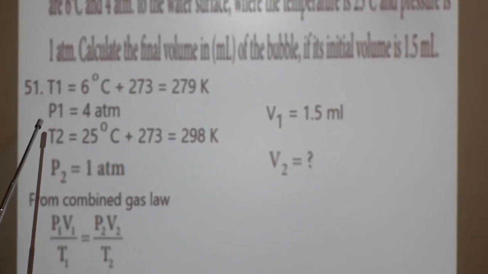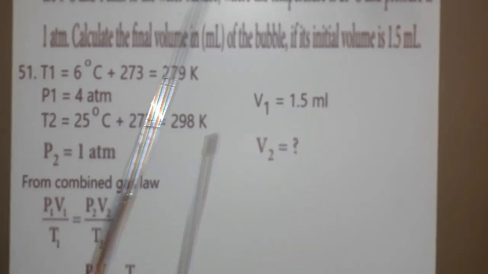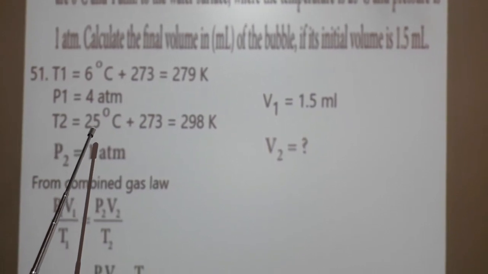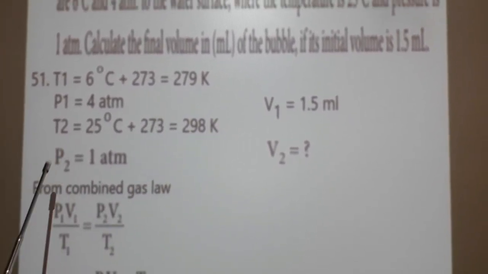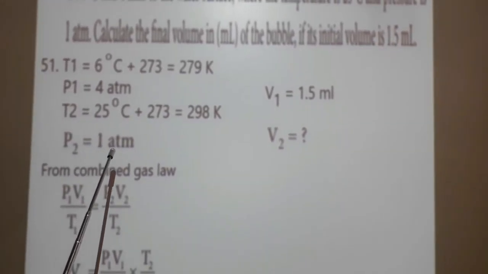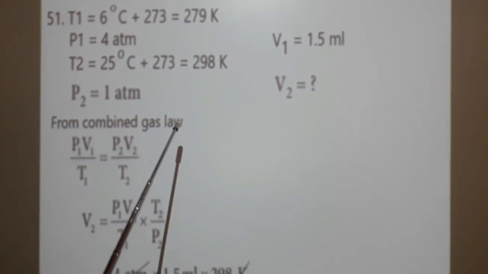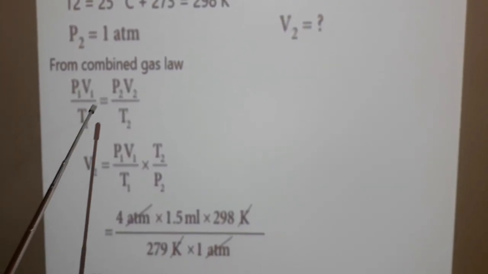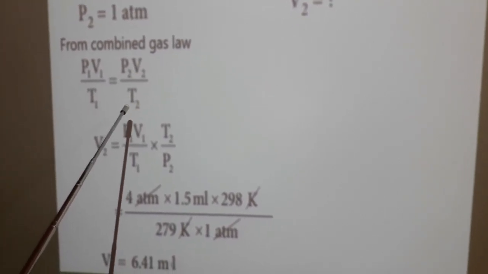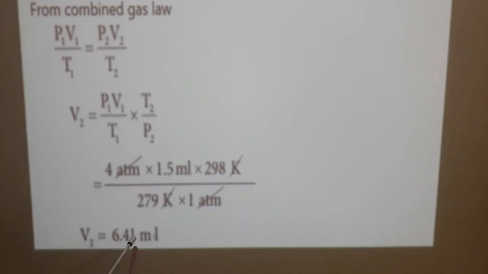Initial pressure is 4 atmosphere and initial volume is 1.5 ml. Final temperature 25 degrees Celsius plus 273 gives 298 Kelvin, and P2, the final pressure, is 1 atmosphere. We find the final volume by applying the combined gas law formula, P1 V1 divided by T1 is equal to P2 V2 divided by T2. We get V2 as 6.41 ml.